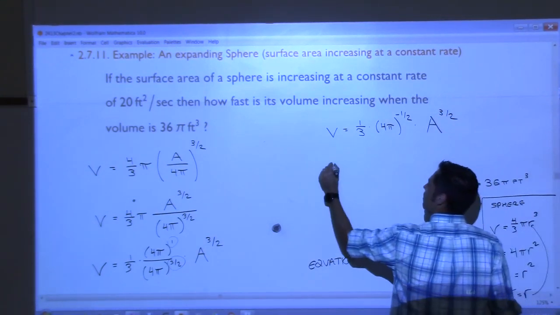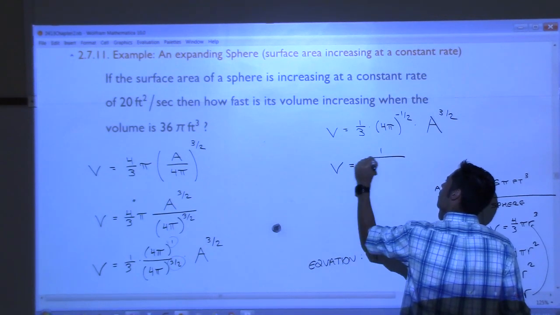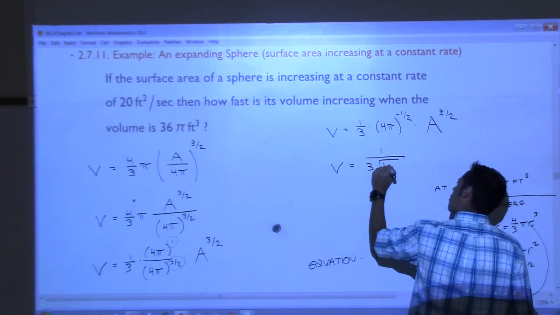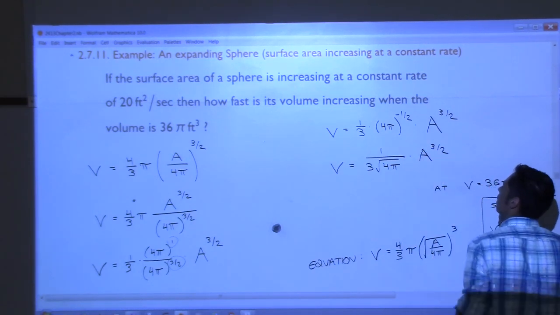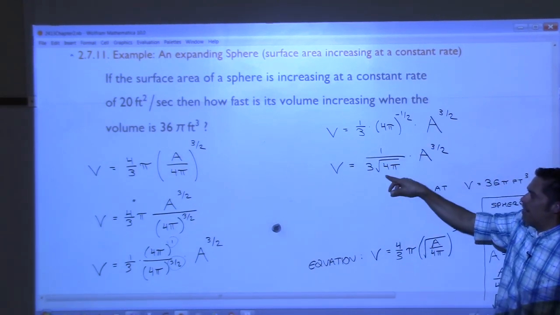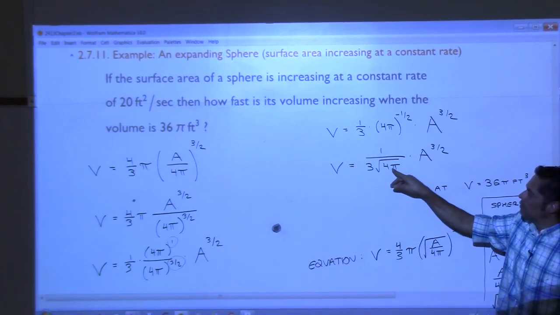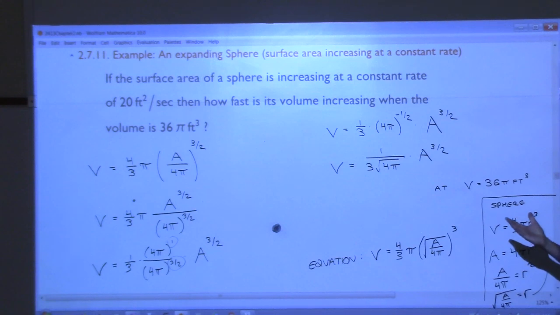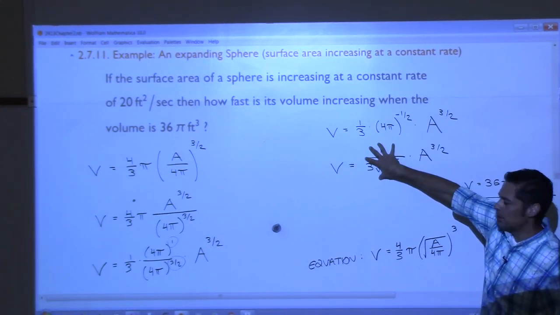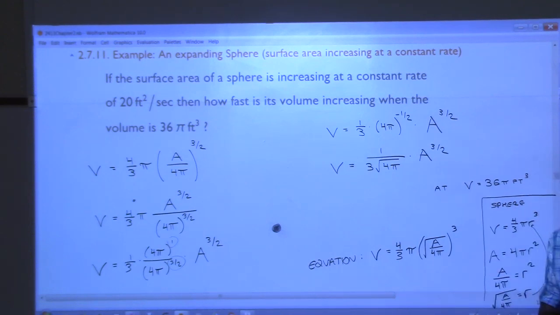And this is really volume equals 1/3 root 4 pi times a to the 3/2. Okay, so all I did was drop that back down. This means square root, negative power means drop it down. So that's it. This is all a constant, right? And then I have a to the 3/2. Questions?